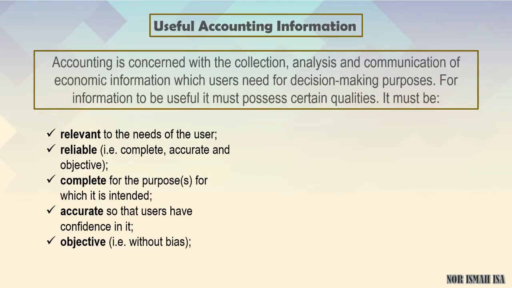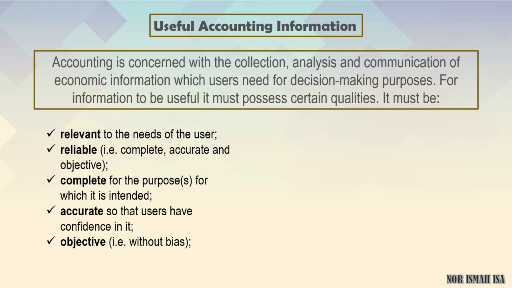Useful accounting information is about the financial information prepared by a business, which must fulfill the qualitative characteristics that you have learned before to enable the user to make decisions.